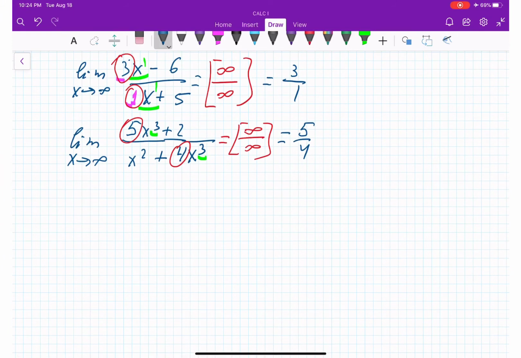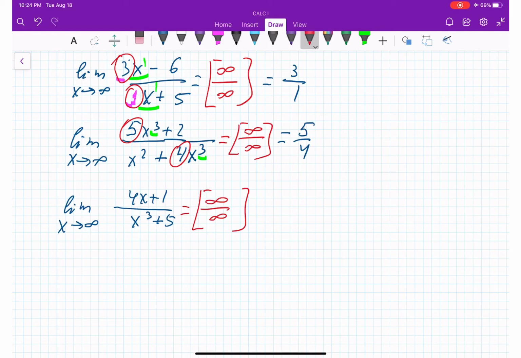Let's assume I have the limit as x approaches infinity of (4x + 1) over (x^3 + 5). If I plug in, I'm still getting infinity over infinity, right? Because infinity plus 1, infinity cubed plus 5, we get infinity over infinity.